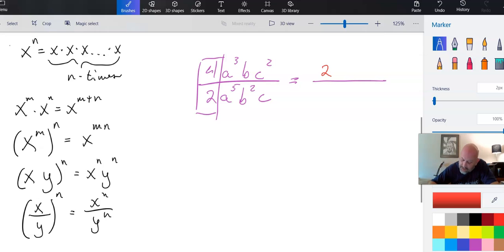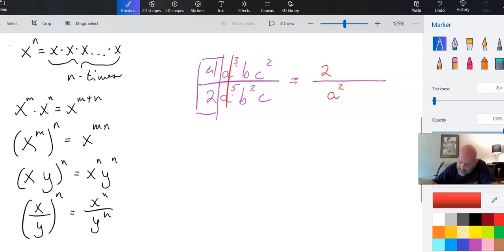And a to the third over a to the fifth. So these three are going to cancel 3 out of that, leaving me, the leftovers will be on the bottom, and there'll be 2 of them. So that's an a squared on the bottom. Now I've taken care of the a's. Now let's look at the b's. I have 1 b on top and 2 b's on bottom.